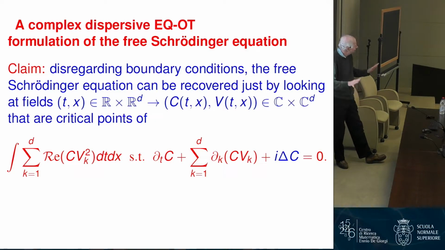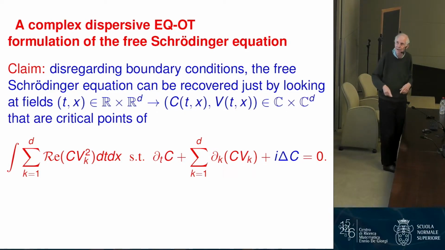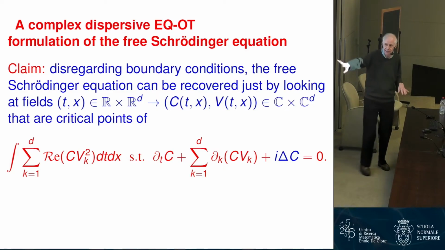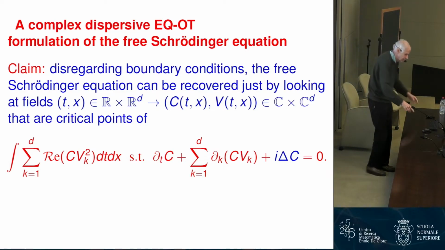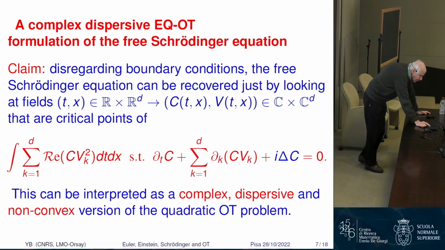Then it makes more sense to do it. At the end of the talk, if I have enough time, I will tell you how you can get this formulation. It's very simple to do, and it might be more or less known or classical. I didn't check carefully. It's more like an example for me. Okay.